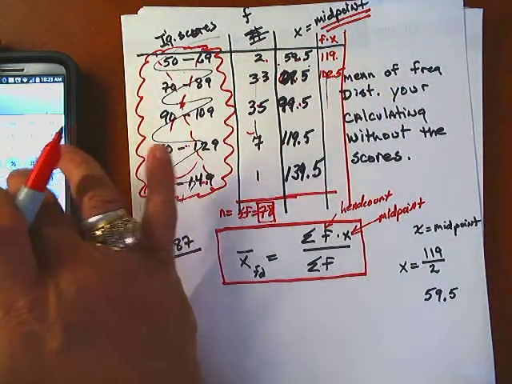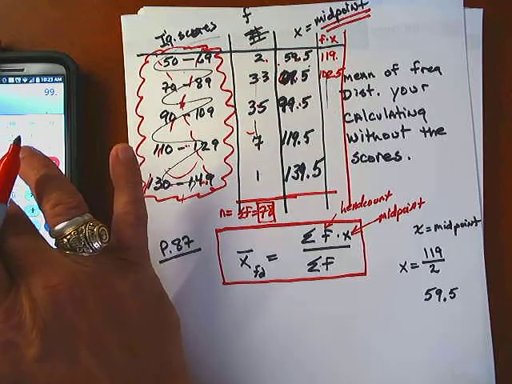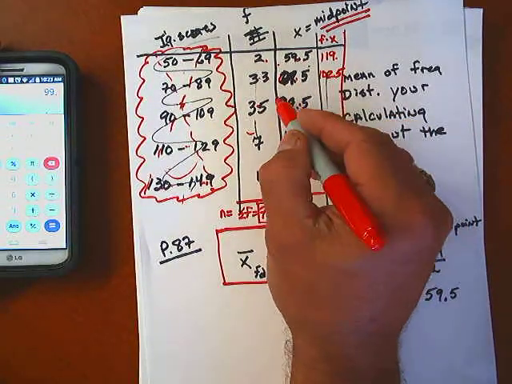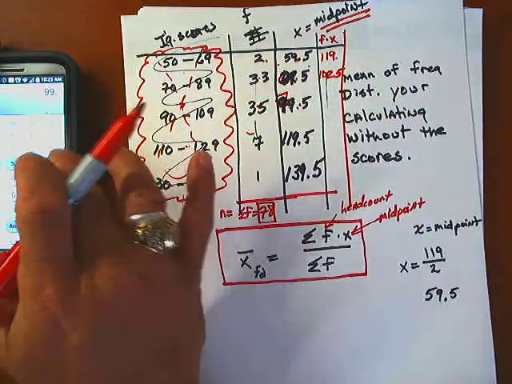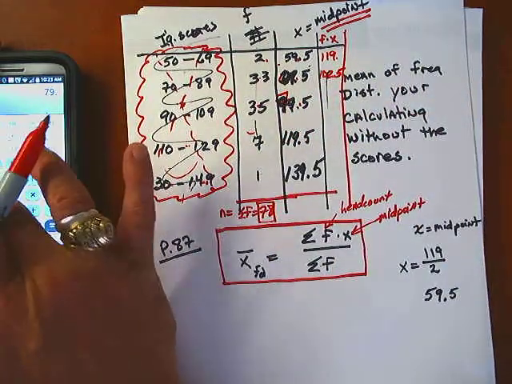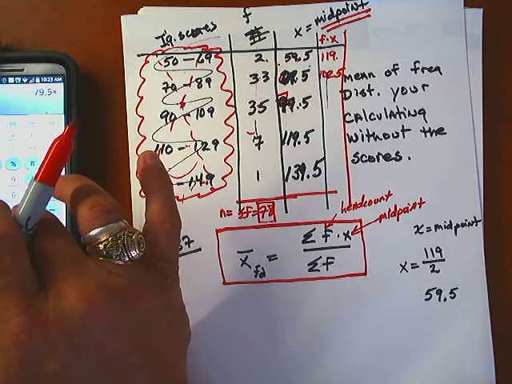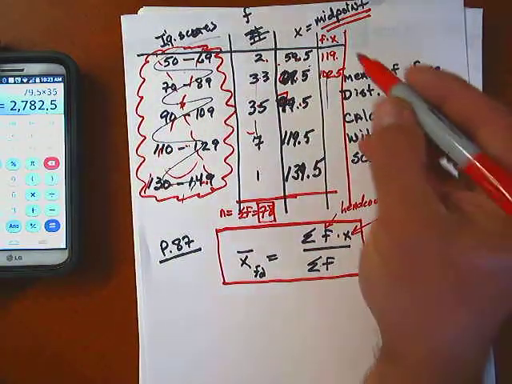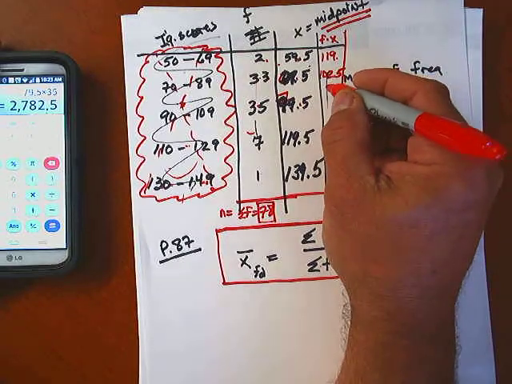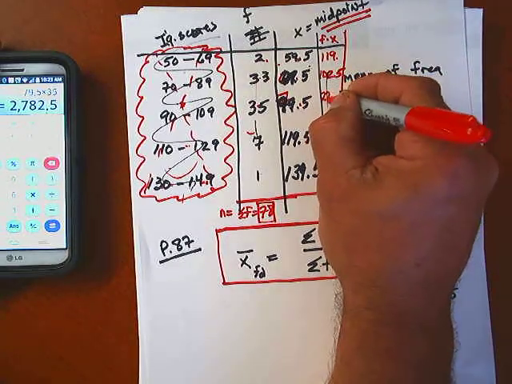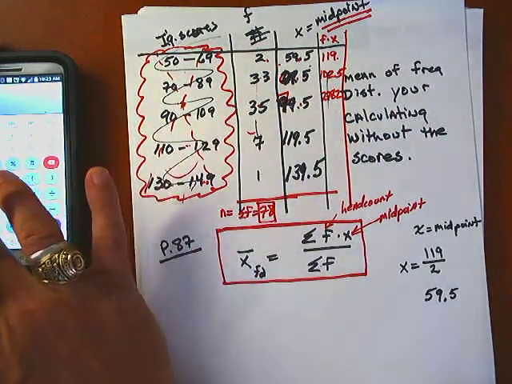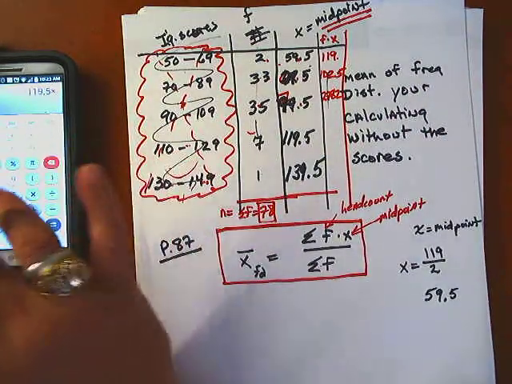So 2 times 59.5 is 119. 33 plus, I think that's 69.5, 69.5. 102.5. 99.5.